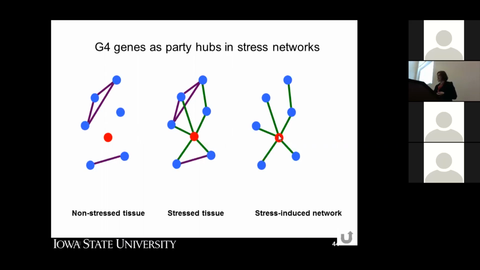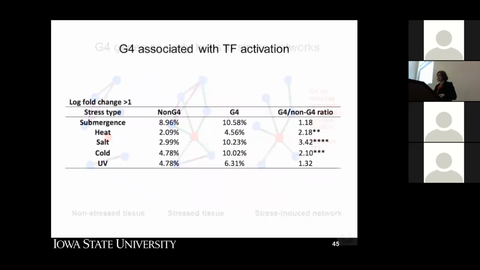And that red dot here is the one that has a lot of different lines drawn to it, and that's what we call a party hub. Very often these are genes that interact with lots of other genes to regulate gene expression. It turned out that these party hubs have a G4, mainly on the template strand. And many of them, as you might expect, are transcription factors.